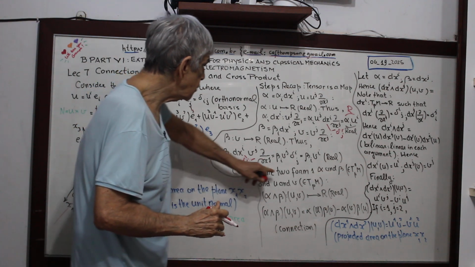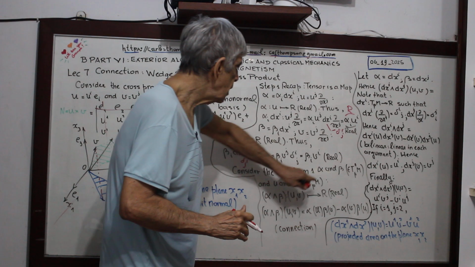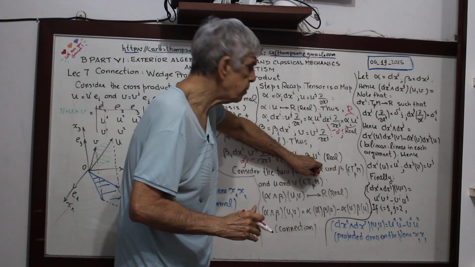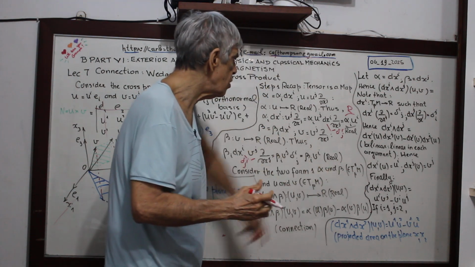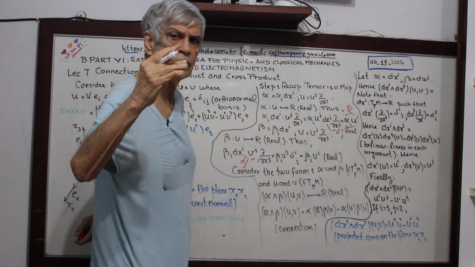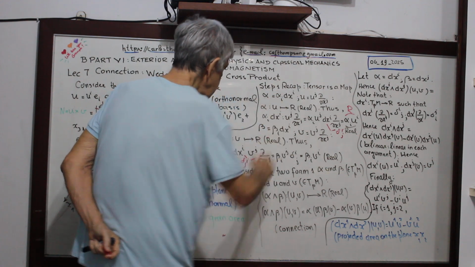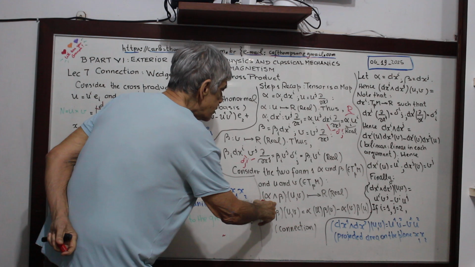Now, consider the two 1-forms alpha and beta. Alpha belongs to 1-forms, and beta also to 1-forms. Both belong to the cotangent space. So now let's take the wedge.